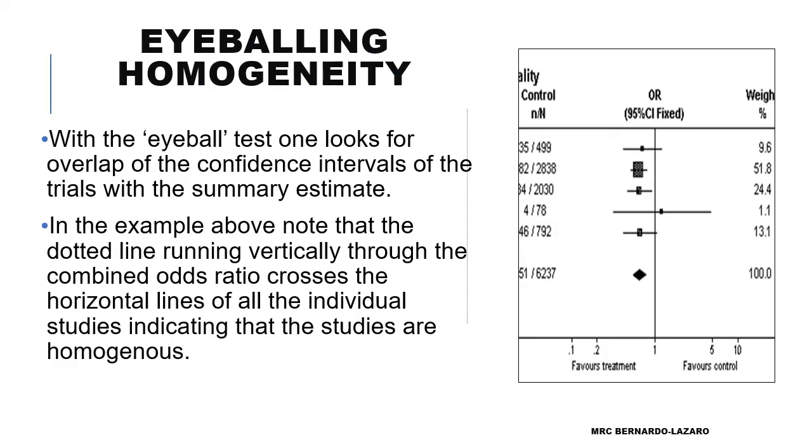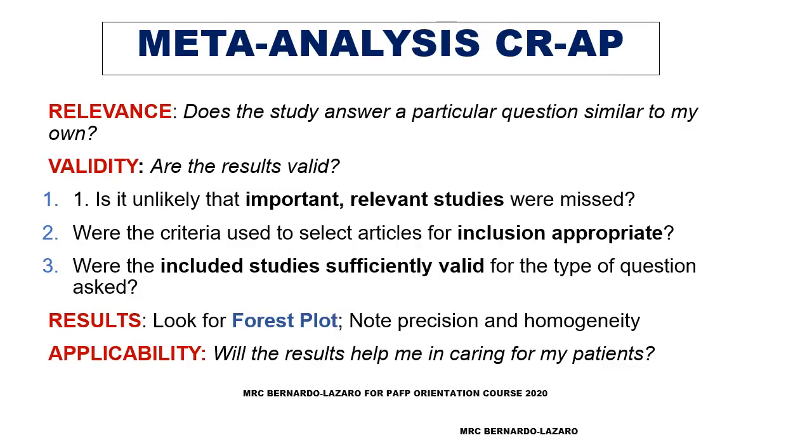The results of a meta-analysis should give you a graph known as the forest plot, and studies in the forest plot should ideally be homogeneous, meaning the p-value is greater than 0.05. And if you want to eyeball it, most of the study should land in one straight line from the diamond at the bottom. Again, there you go with the critical appraisal of meta-analysis.